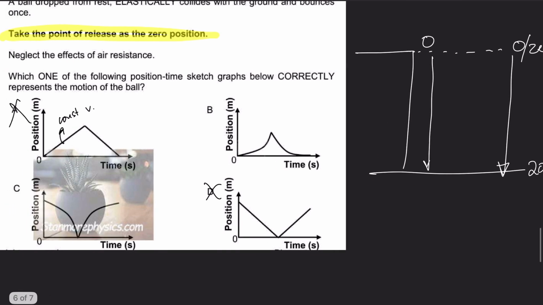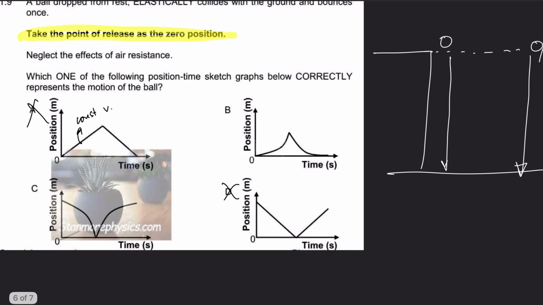Okay? So if you look at graph B and C, since they tell us to take the point of release as 0, if you look at B, the object starts at 0 and the graph is moving away from 0 until it hits the ground. And then it returns back. So B is looking more likely.